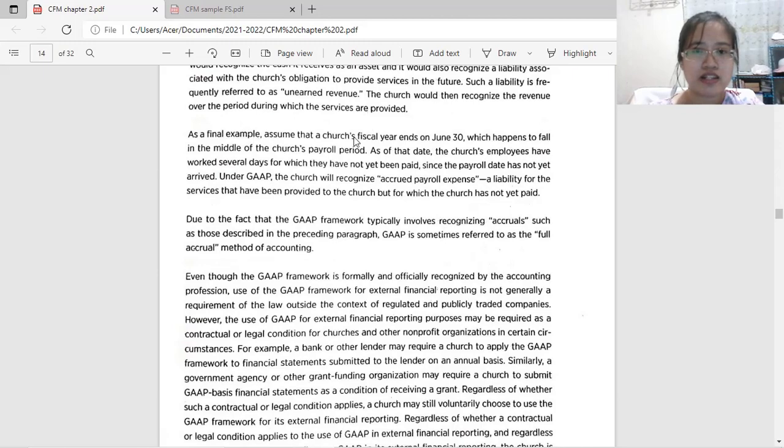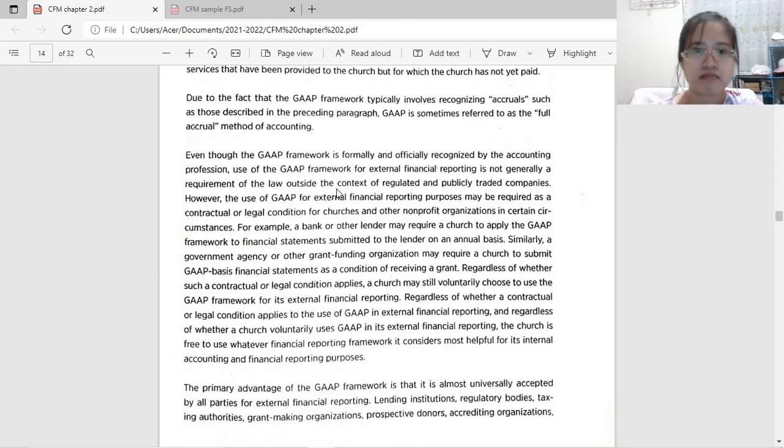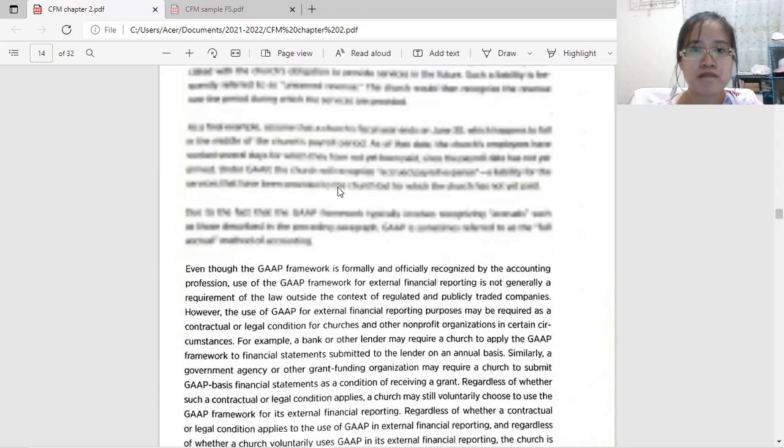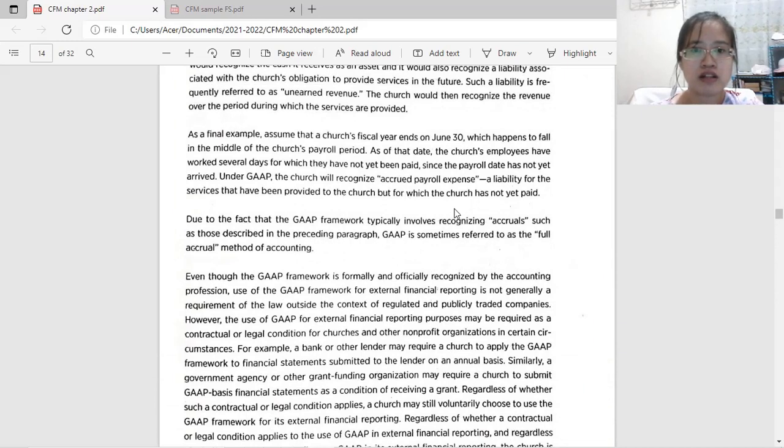Alright, and then there are other examples here, so I can just read them. We have the accrual and the deferral. Accrual is when you recognize the income and the expense before you pay for them or before you receive the money.